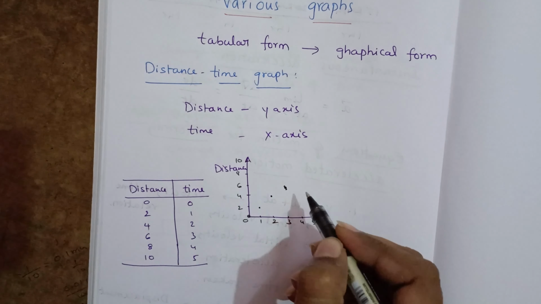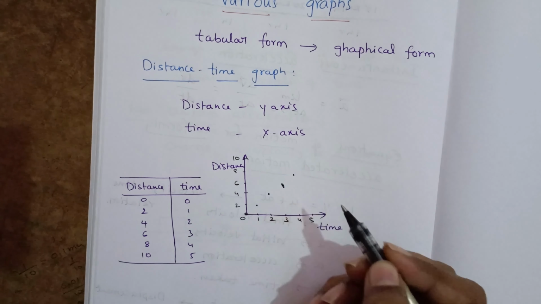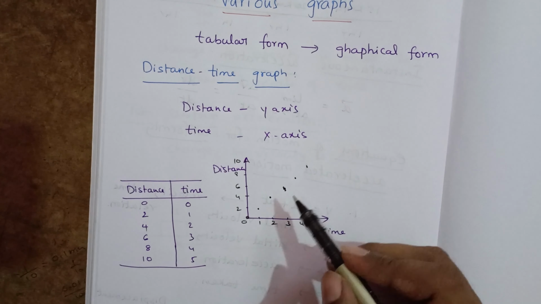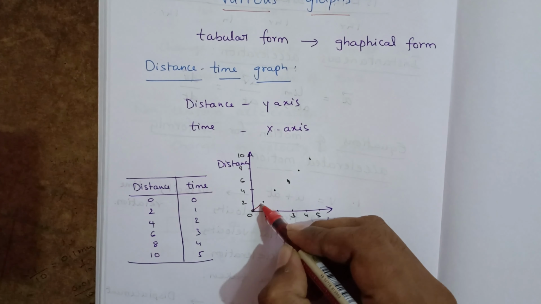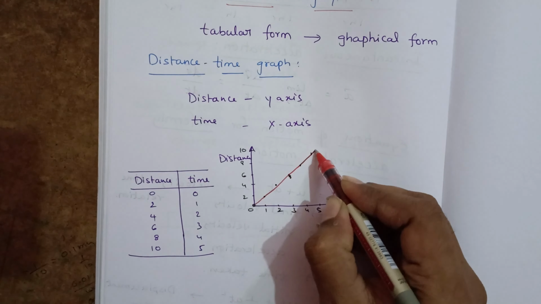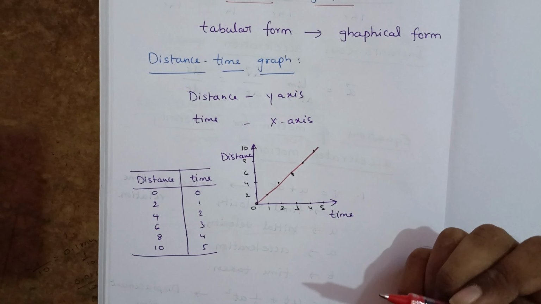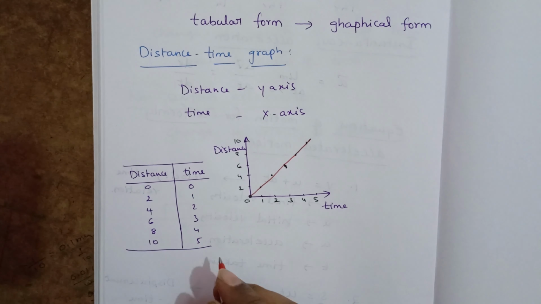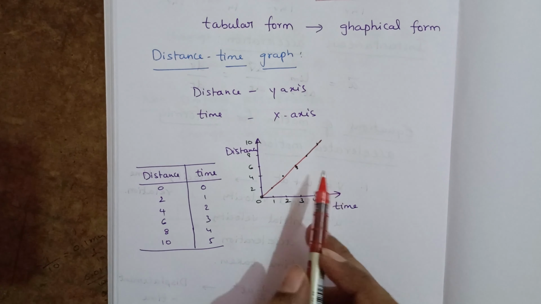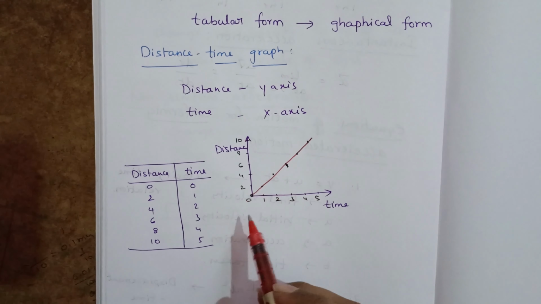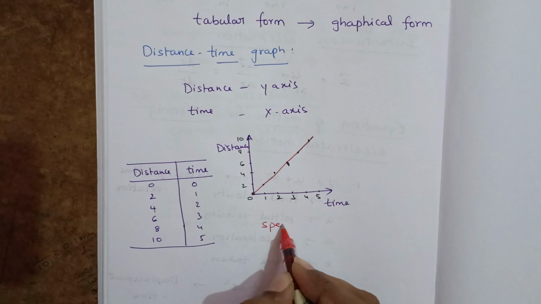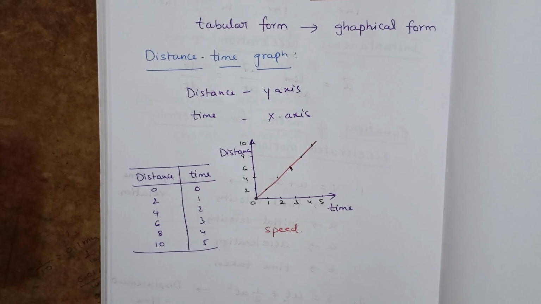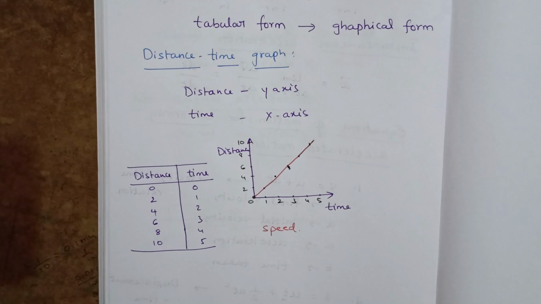Fourth, 8. Fifth, 10. Now if you join these, we get a straight line passing through the origin. By using this graph, we can find the speed of the bus.